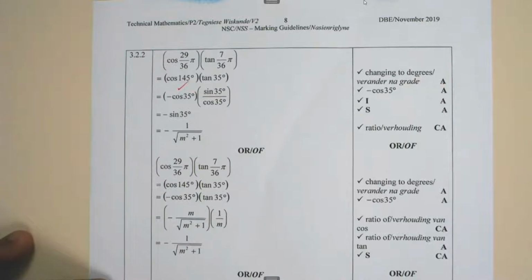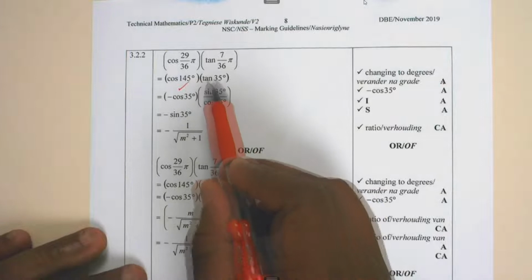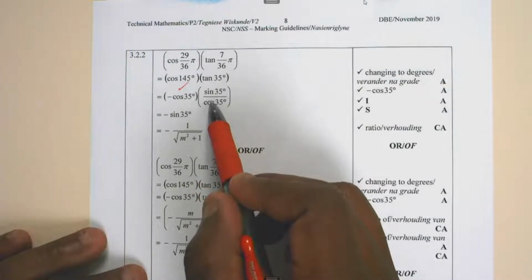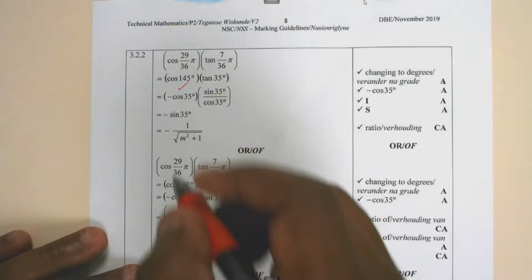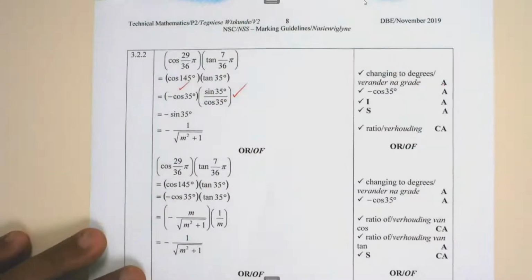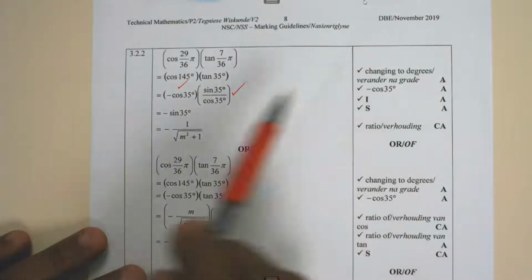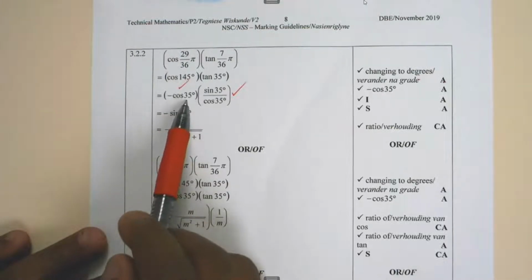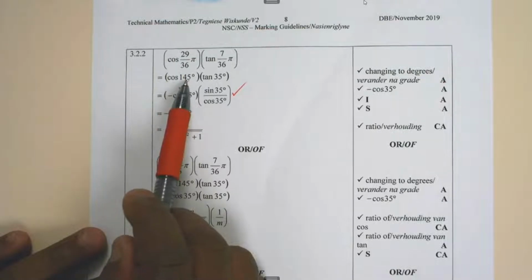Let us not forget, the first mark for writing it as an acute angle, from obtuse to acute angle, and please take note, it must be negative because this angle is in the second quadrant.